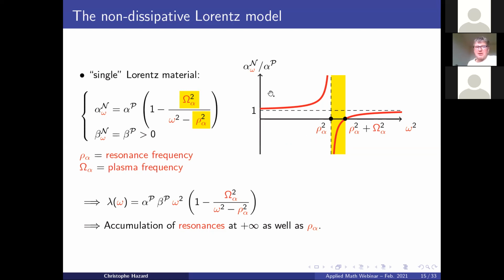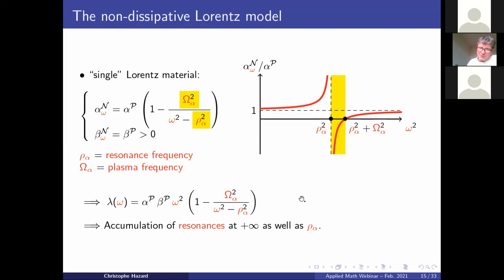You see that this law for the Lorentz material gives you a negative material when omega squared is contained in this interval here. In this case, lambda of omega is given by this formula, and I will obtain an accumulation of resonances near the pole rho alpha.